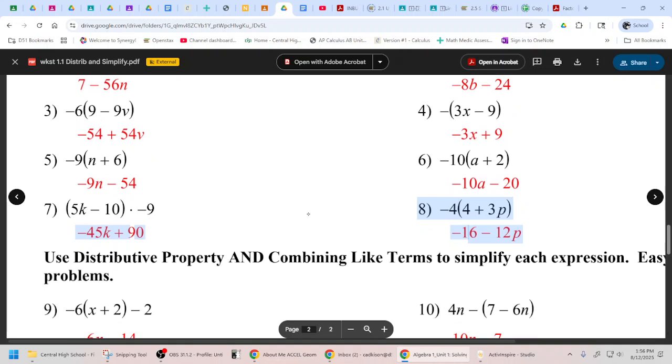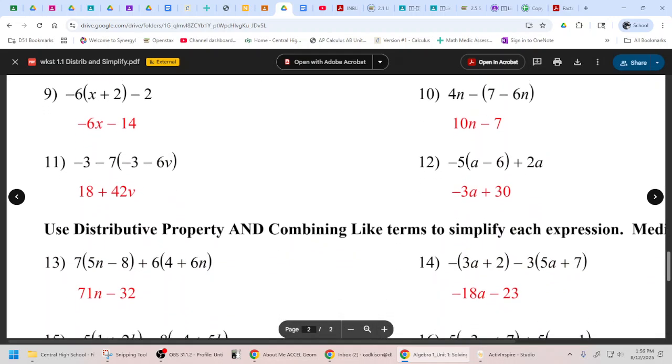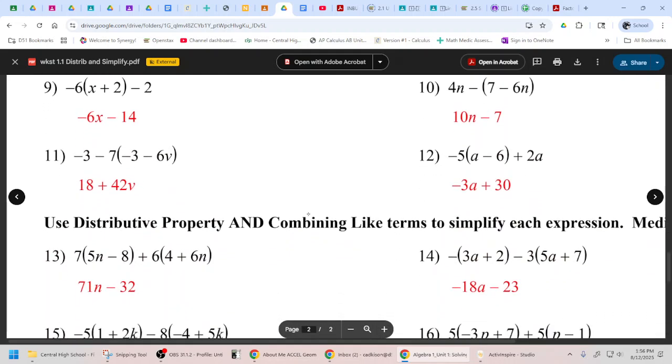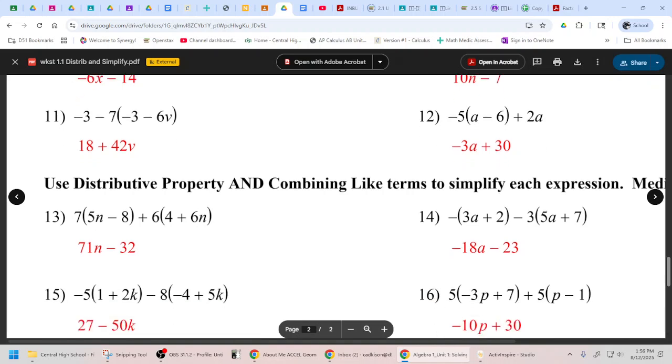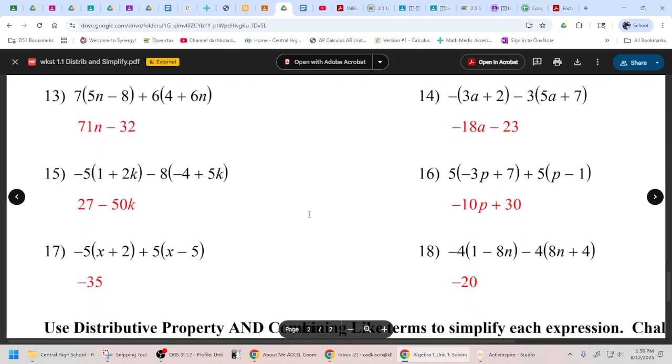Number 7 is negative 45k plus 90. Number 9, negative 6x minus 14. Number 11, 18 plus 42v. Number 13, 71n minus 32. Number 15, 27 minus 50k.